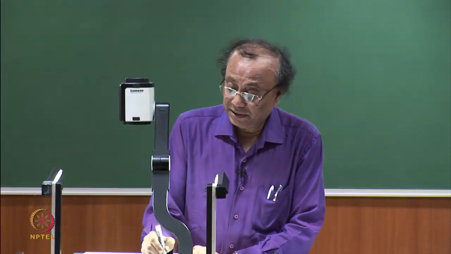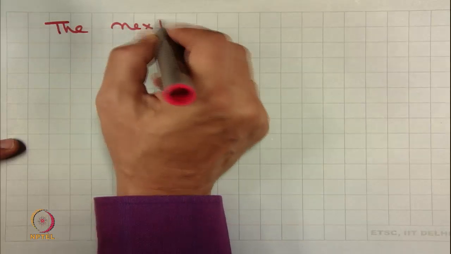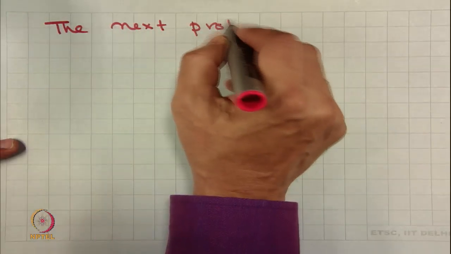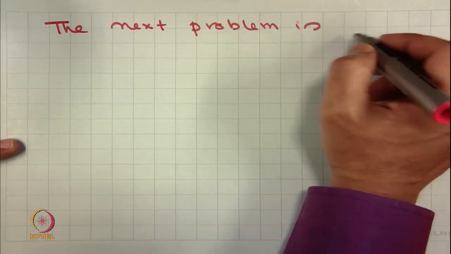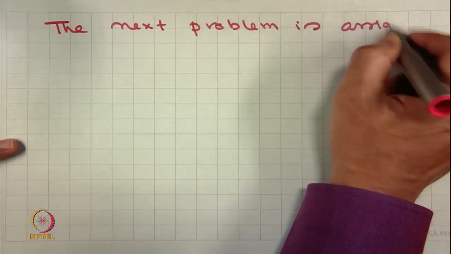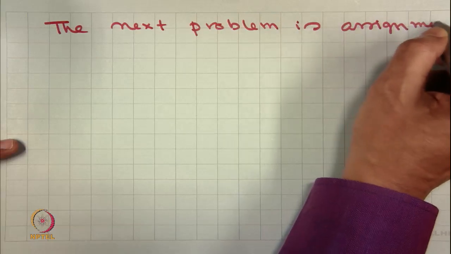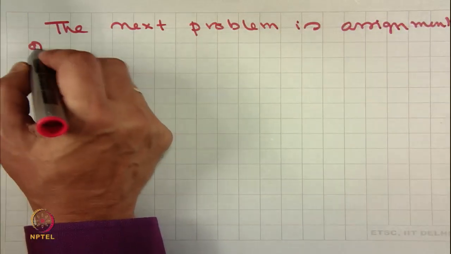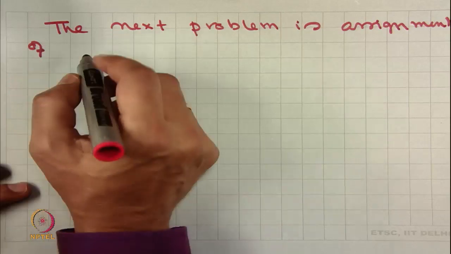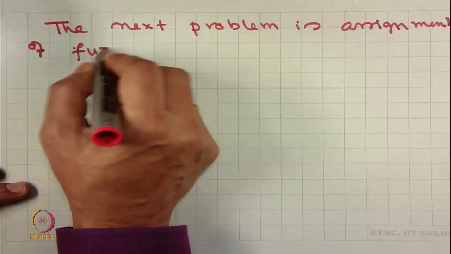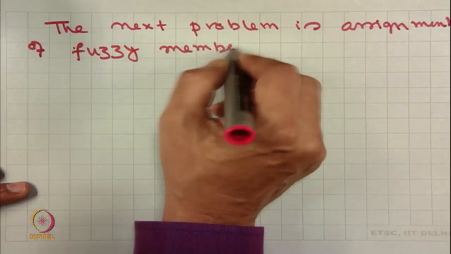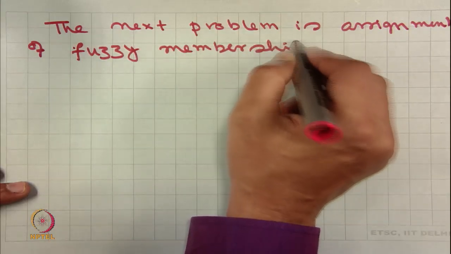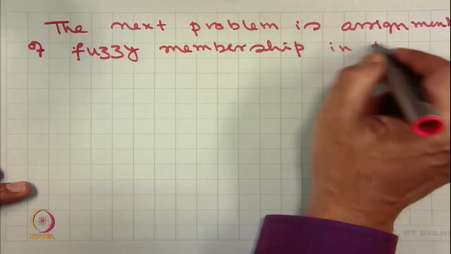The next problem is assignment of fuzzy membership in the event of f.